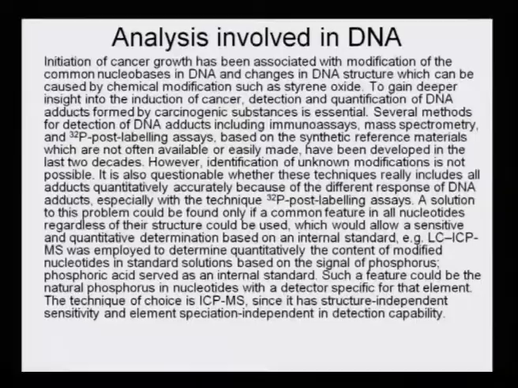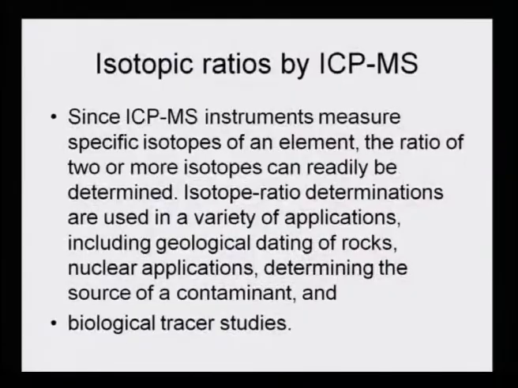So, it has this versatility where it can detect very efficiently even in biologically very intricate molecules of nucleobases of DNA. The actual initiation of cancer growth can be determined due to these mutagenic or chemical changes brought about in the genetic material. So, ICP-MS is the answer for it.